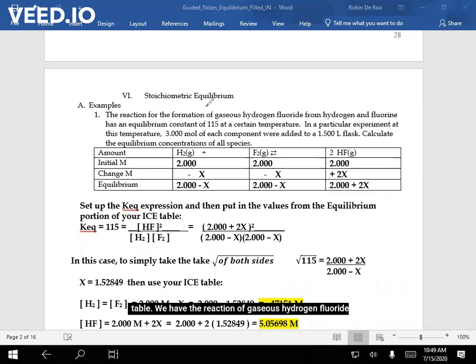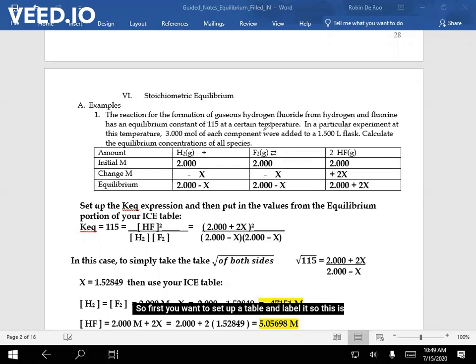We have the reaction of gaseous hydrogen fluoride from hydrogen and fluorine, and these are all gases. We're given an equilibrium constant of 115 at whatever temperature. In that particular experiment, we're adding 3 moles of each component to a 1.5 liter flask.